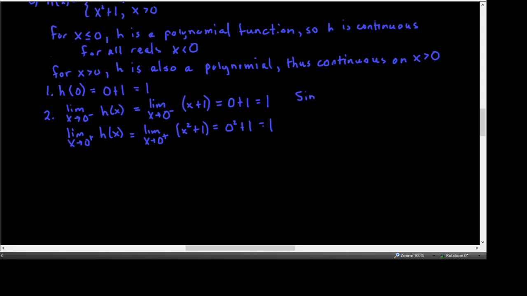Since the limit as x approaches 0 from the left side of h of x is equal to the limit as x approaches 0 from the right side for h of x, that implies that the limit as x approaches 0 of h of x, because they're the same from left side and right side, exists and is 1, the common answer for these two expressions.